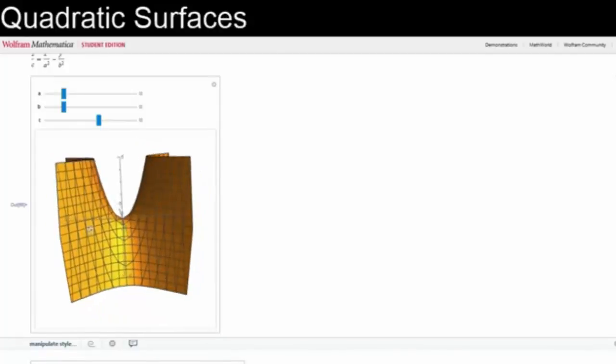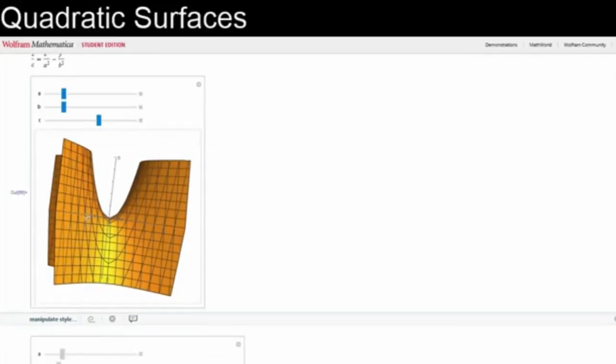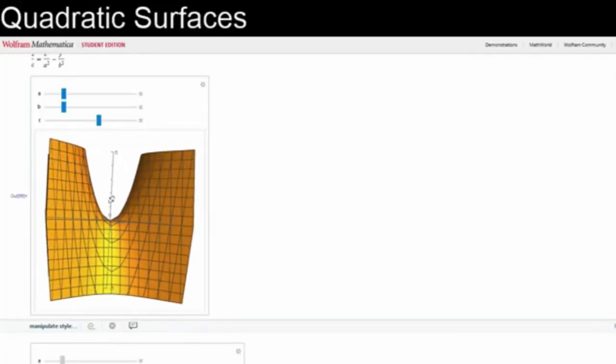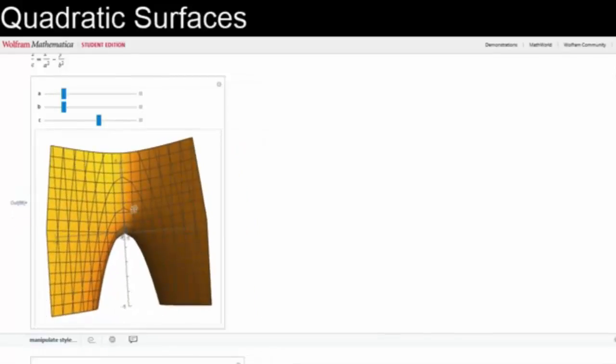drawn in the xz plane here, where this is the x-axis and this is z. And then imagine having another parabola that's upside down and perpendicular. In other words, this parabola here.